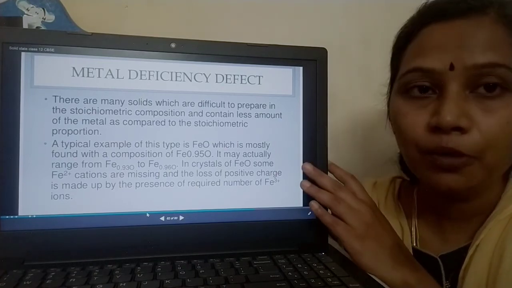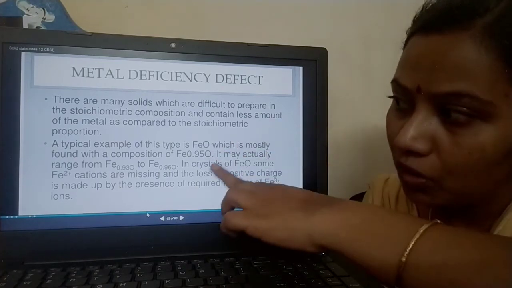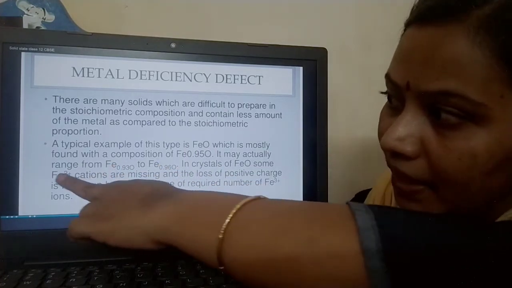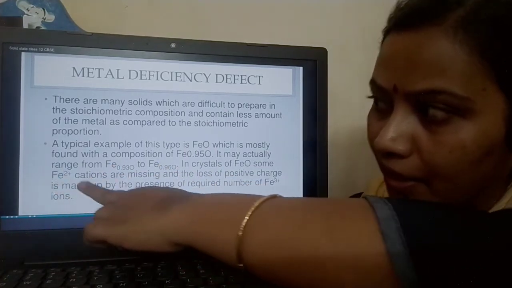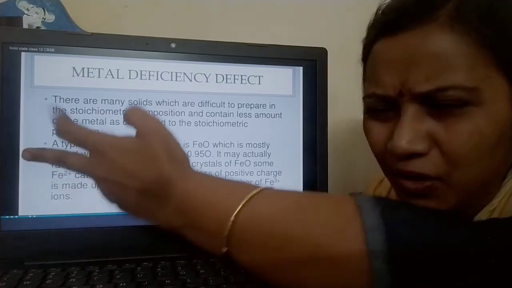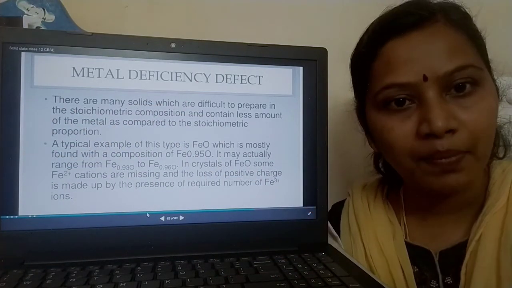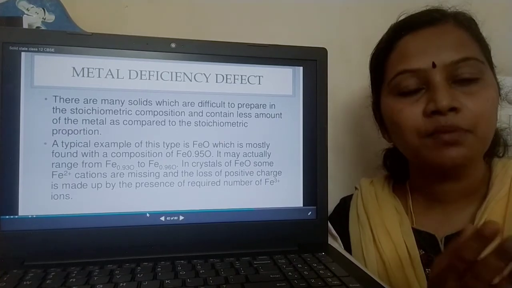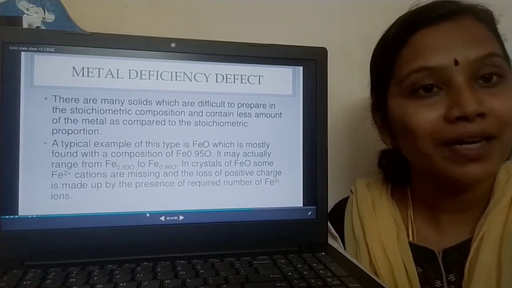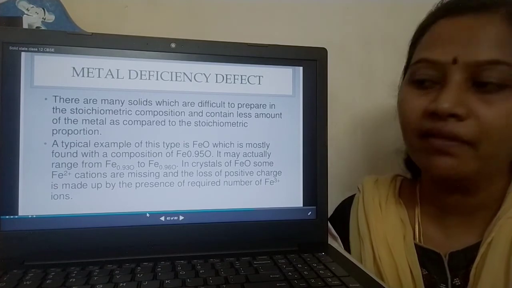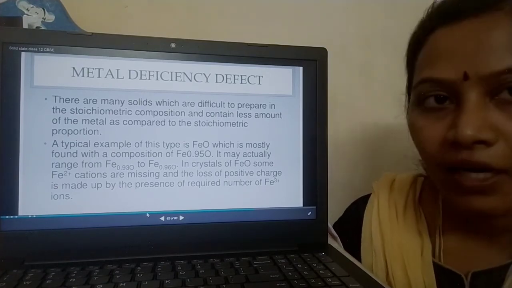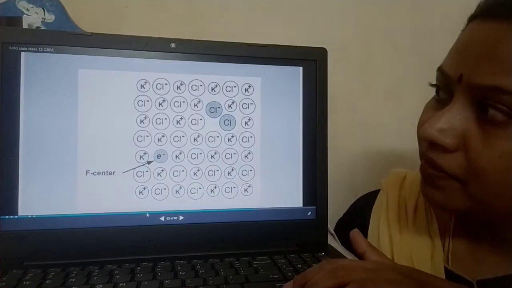When you prepare it, some of the Fe2+ ions, especially the cations, are missing. And how is it replaced? It is replaced not by exact Fe2+ ions, but by adding Fe3+ ions.